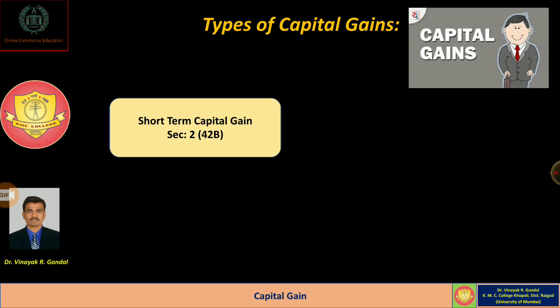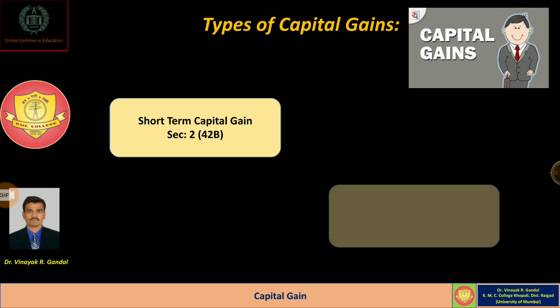For tax purposes, short-term capital gain is normally classified into two categories: short-term capital gain arising from sale or transfer of listed securities, and short-term capital gain arising from transfer of short-term capital assets other than listed securities. These are the two sub-classifications of short-term capital gain as per section 2 subsection 42B.